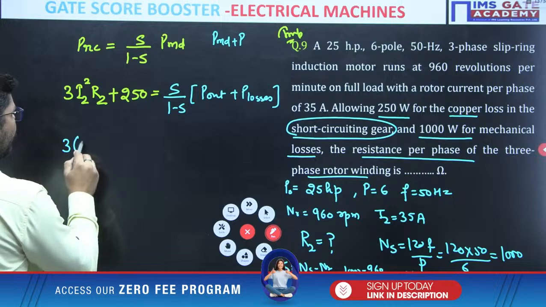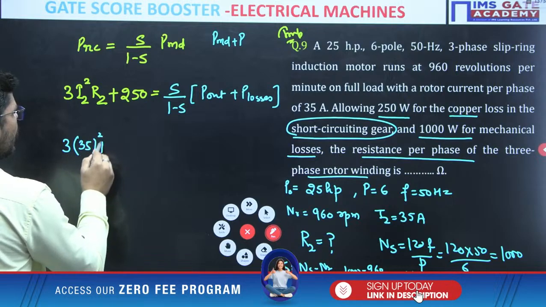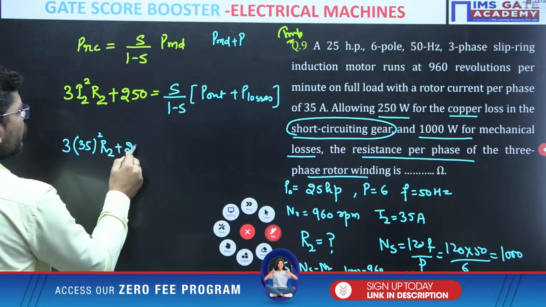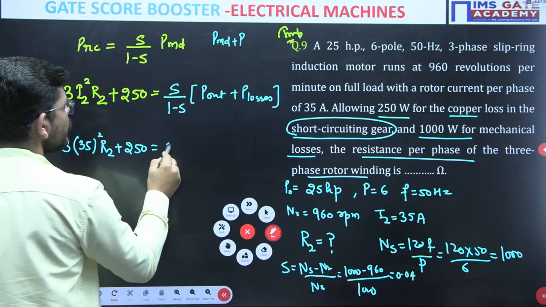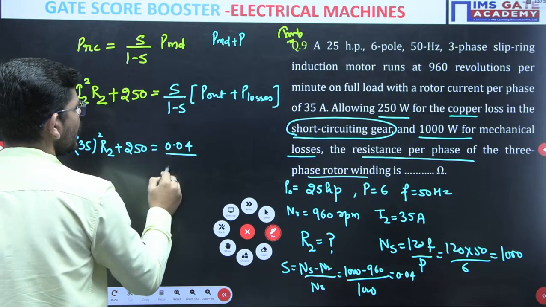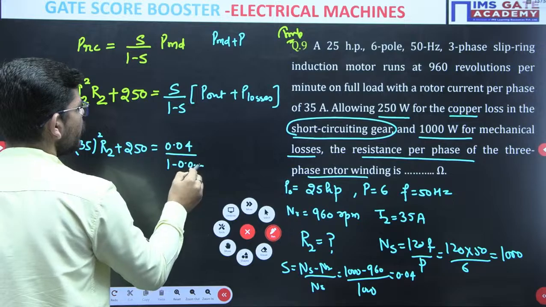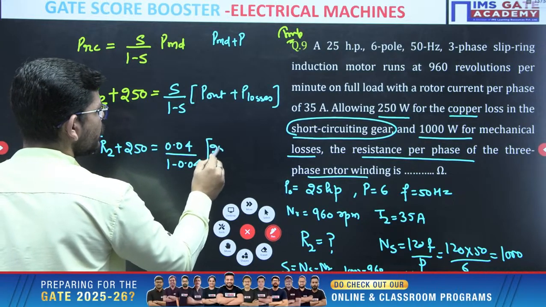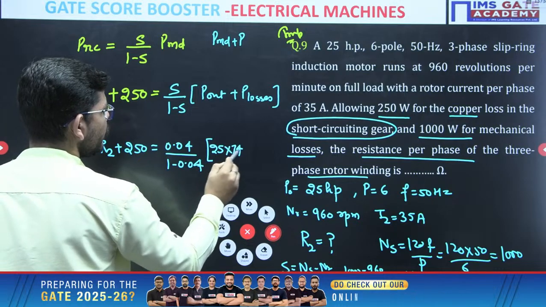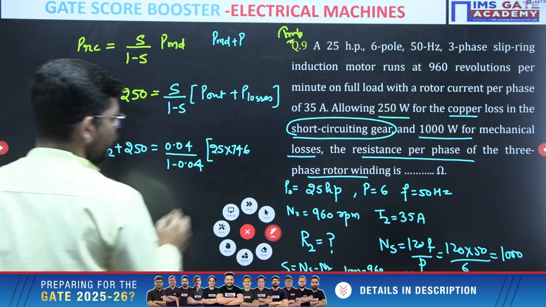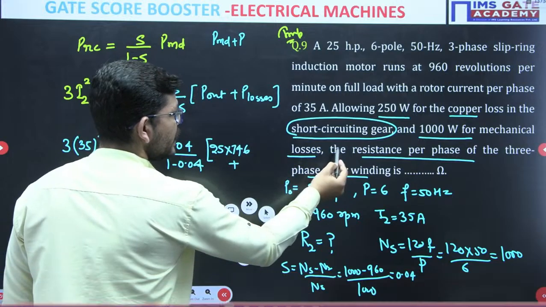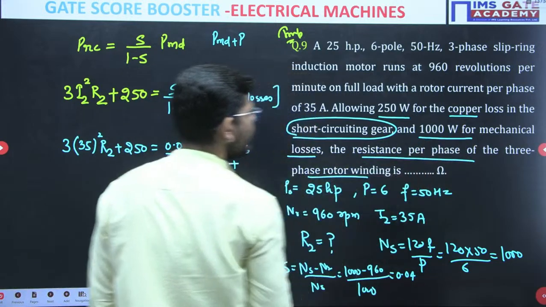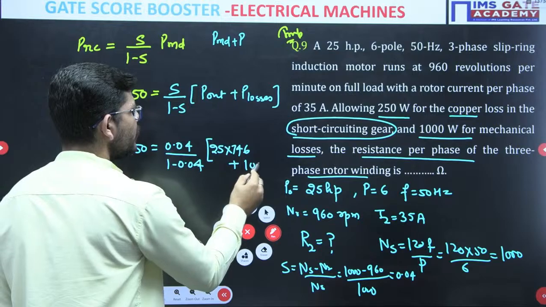3 into I2, which is 35 per phase, square, R2 plus 250 is equal to 0.04 upon 1 minus 0.04. P output will be 25 horsepower, so 25 into 746 watts, plus the mechanical losses, which are 1000 watts.